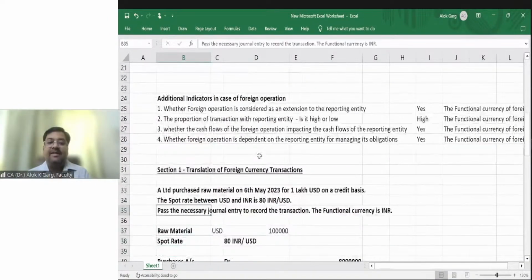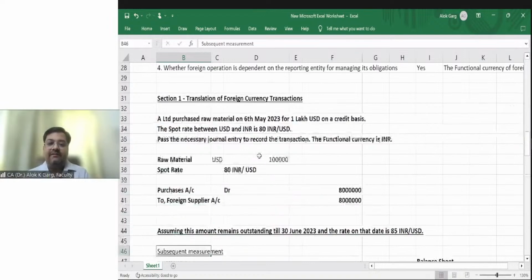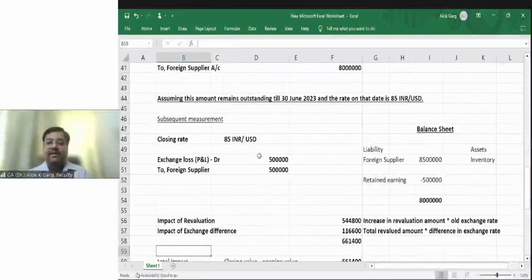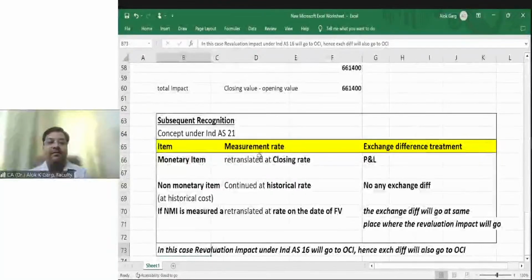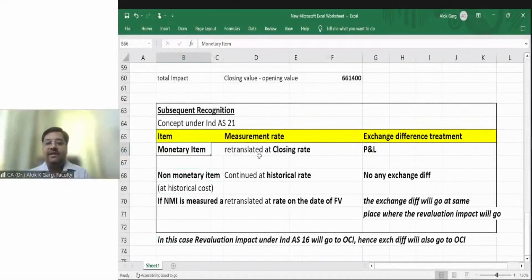Then we have discussed translation of foreign currency transactions, right? And we have discussed the accounting impact, journal entries, balance sheet there. And this is subsequent recognition, where we have discussed in case of monetary item, retranslated at closing rate, impact will go to P&L. In case of non-monetary item, if it is at historical cost, it has to be continued at historical rate.